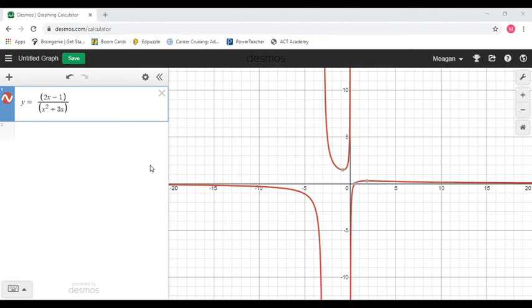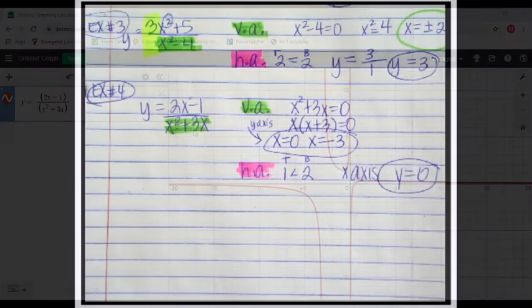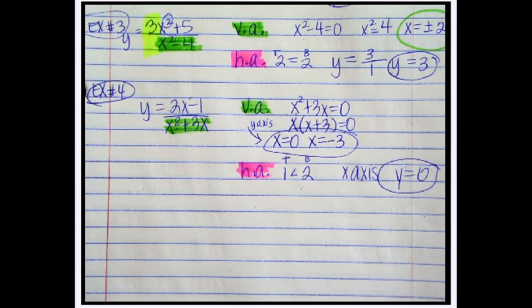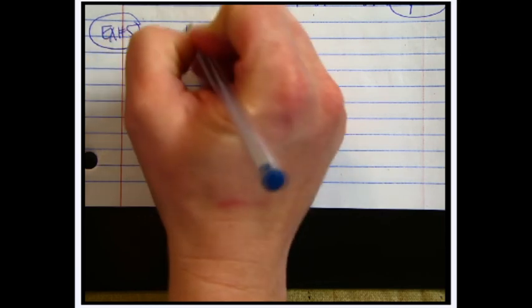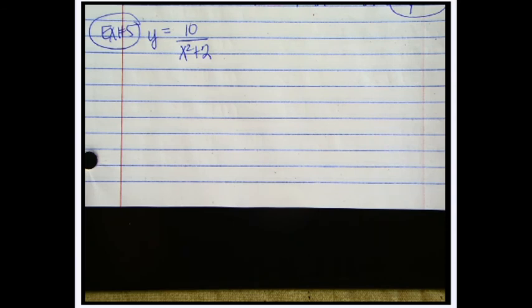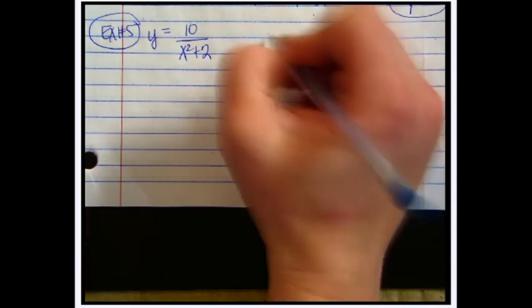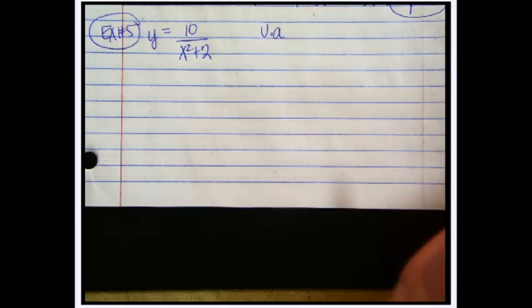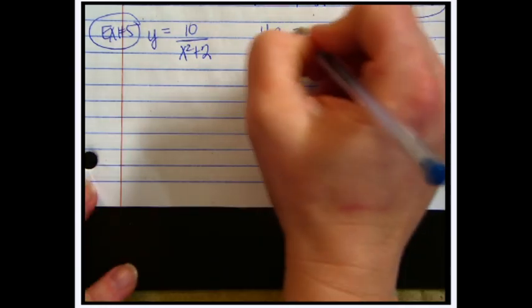Okay, so let's go ahead and look at another one. How about 10 over x squared plus 2? Okay, so if we go find our vertical asymptotes, again, we set our bottom equal to 0.